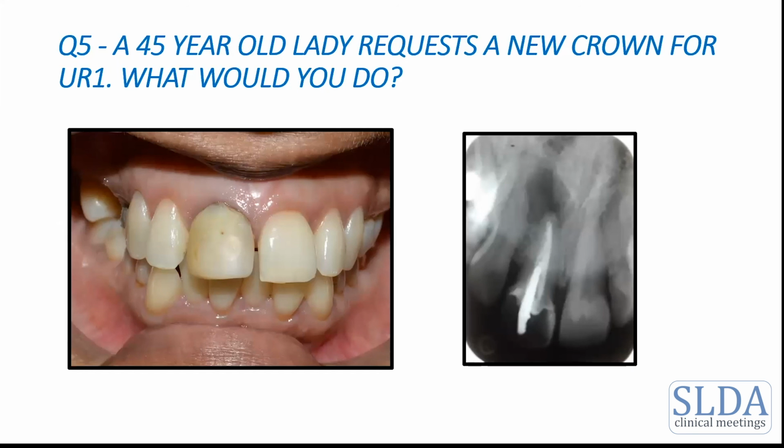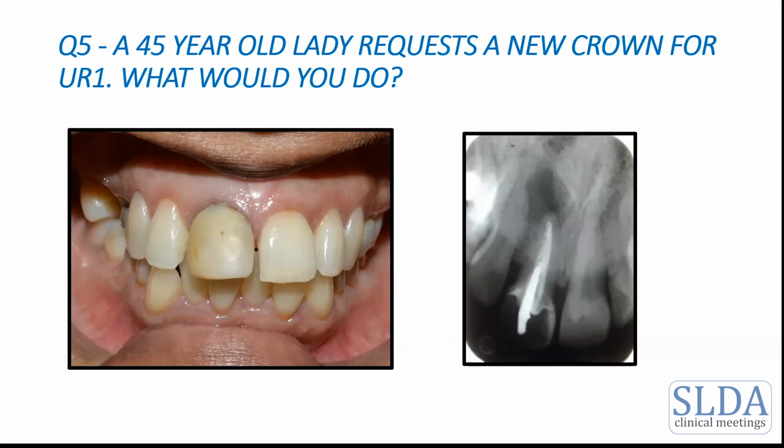So this is the latter part of the presentation. This patient requests a new crown for this tooth, upper right one. So what would you do? You can see in the clinical photograph, it's a discolored crown, probably an acrylic crown.